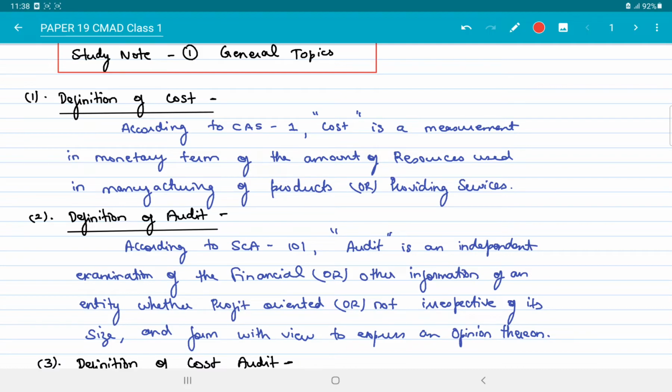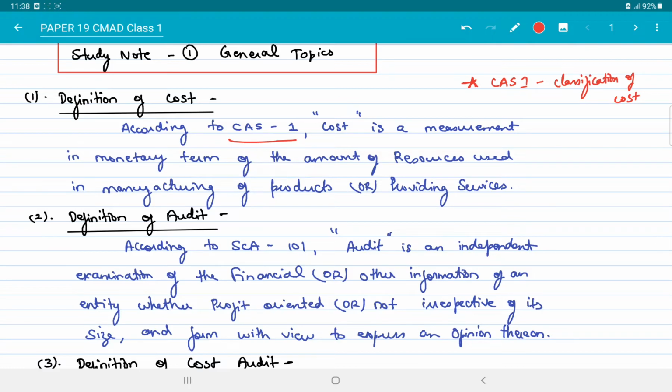So I have taken the definition which is defined under CAS 1. The title of CAS 1 is classification of cost.